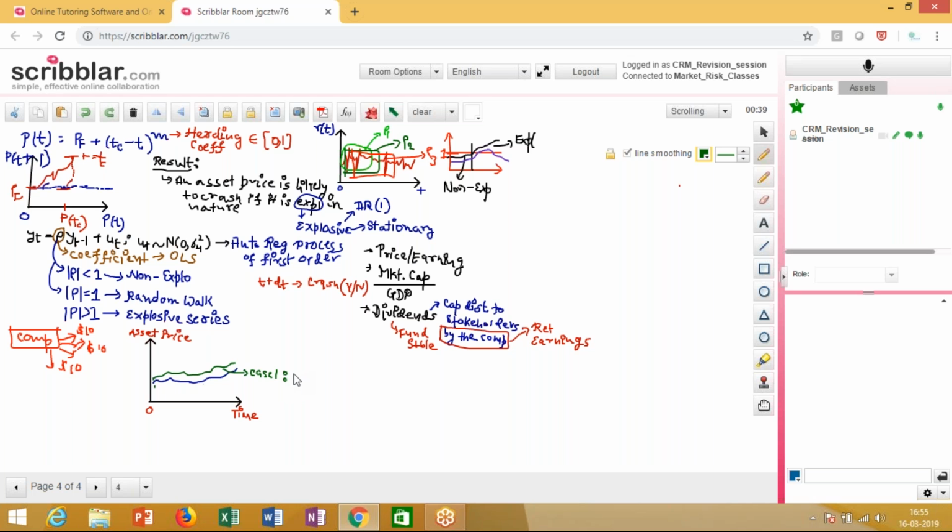So we have fundamentally moving asset prices.